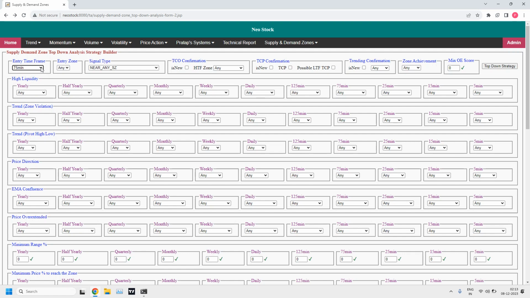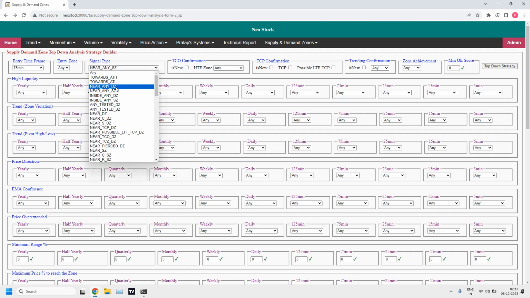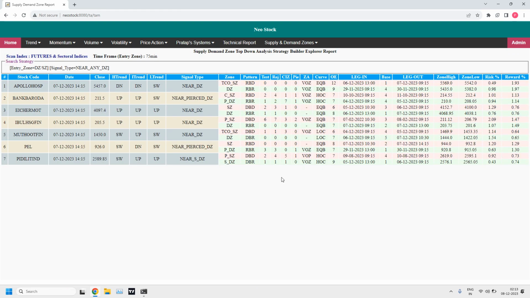So entry time frame is 75 minutes. Let us find the stocks near to the 75 minutes demand zone. So 7 stocks are filtered. Any high liquidity demand zones? Yeah, only one high liquidity demand zone we identified, that is Fidelity Industries.